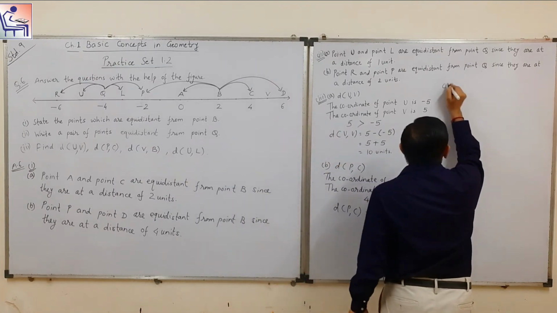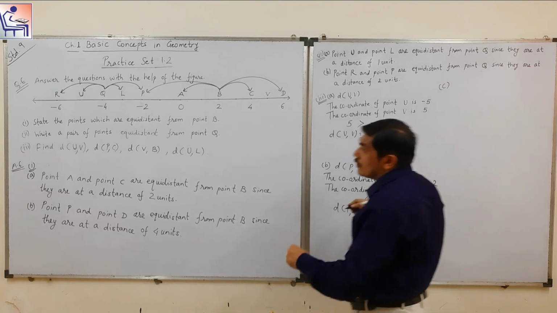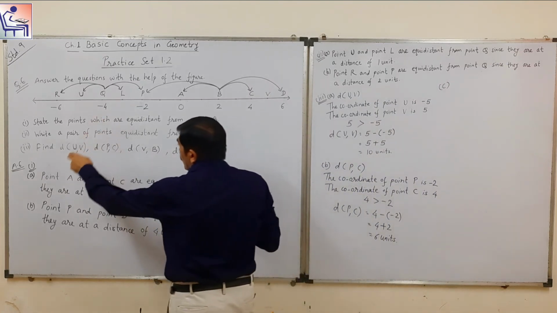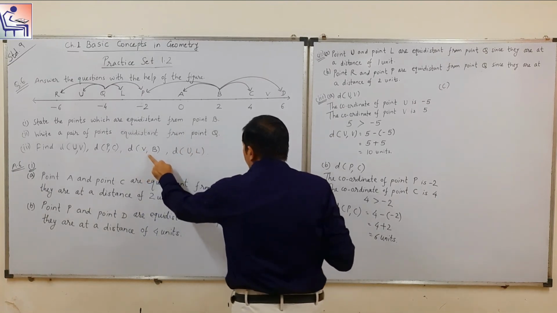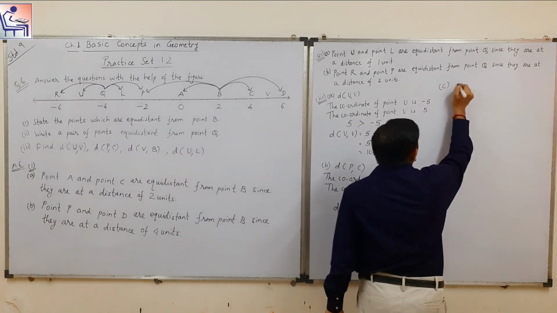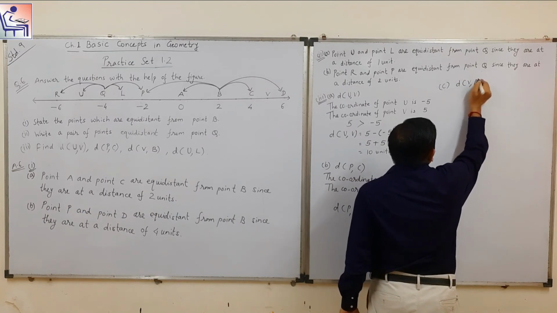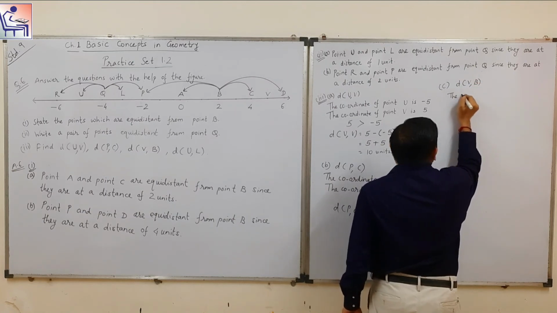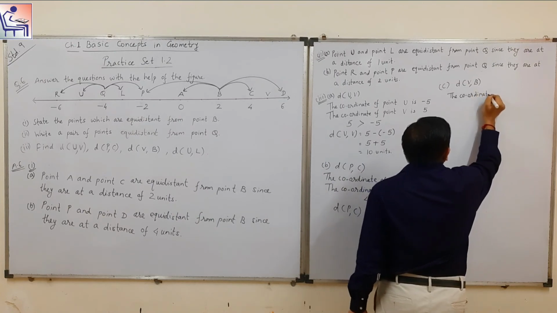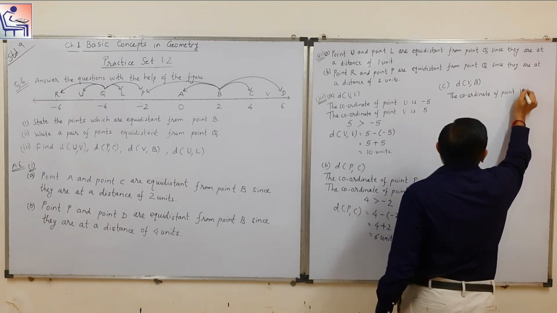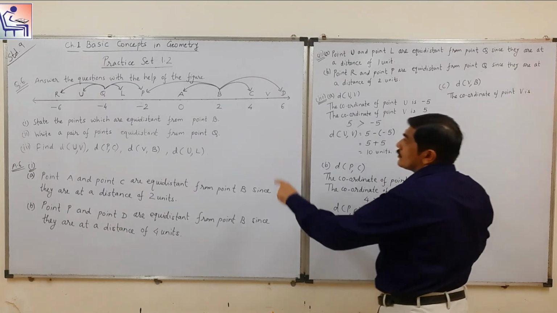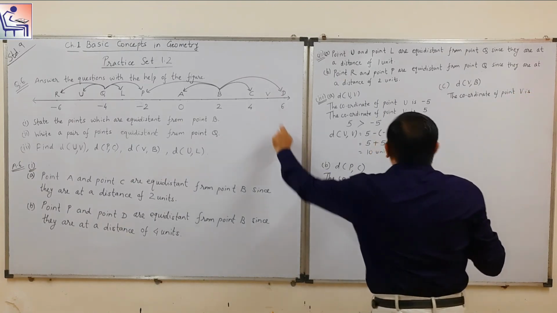Now the third question in your question number 6, sub question third. Here we have to find out distance VB. The coordinate of point V is, here you can say, 5.